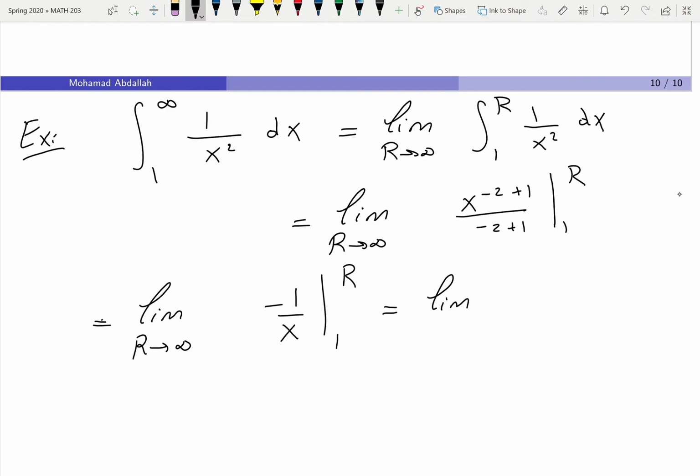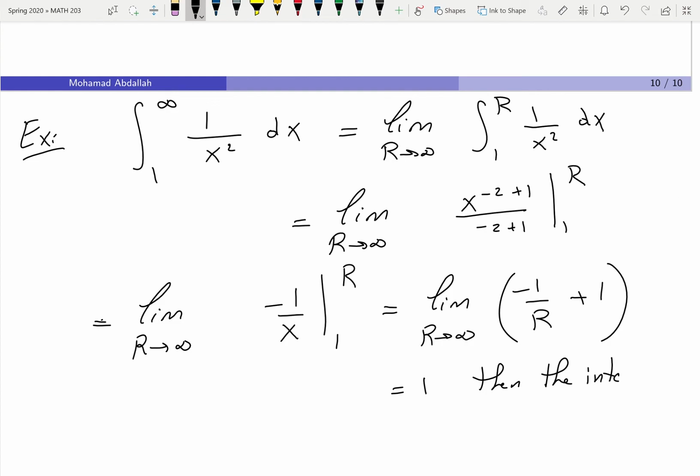So this is the limit when r approaches infinity of negative 1 over r minus negative 1 over 1, so plus 1. Okay. When you take the limit of this when r goes to infinity, the result is 1. So it's defined, the limit exists, then the integral converges.